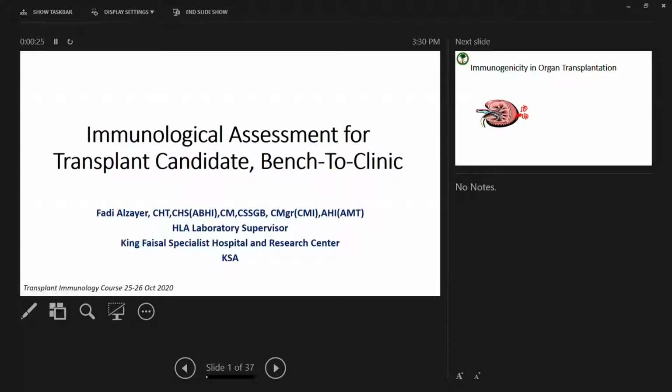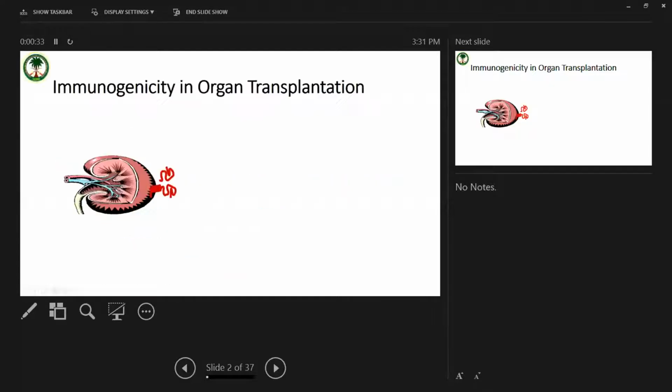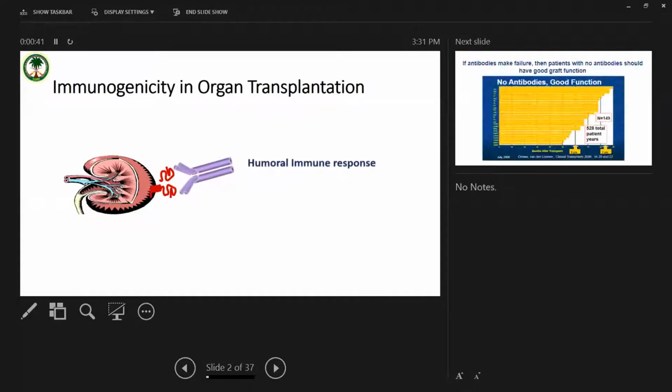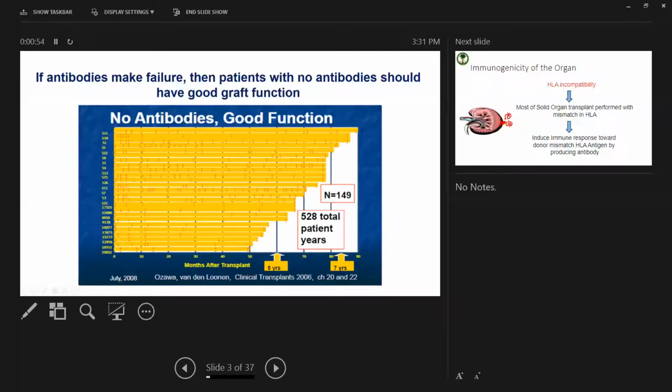My talk will be covering the different immunological aspects that we cover in the laboratory serving kidney transplant programs. Basically, in the immunogenicity in organ transplant, we are only tagging the humoral immune response and leaving the cellular immune response aside, as we are in an HLA laboratory tackling only antibody that attacks the organs.